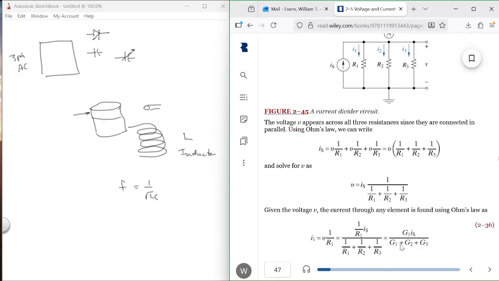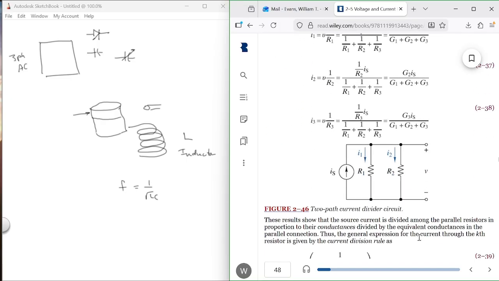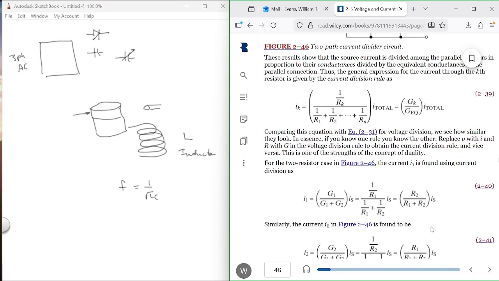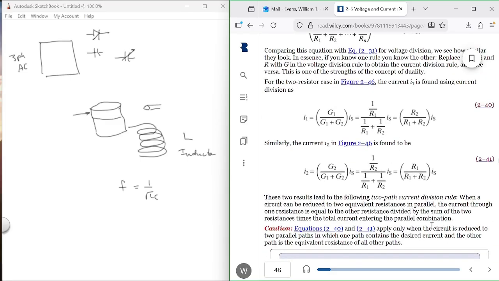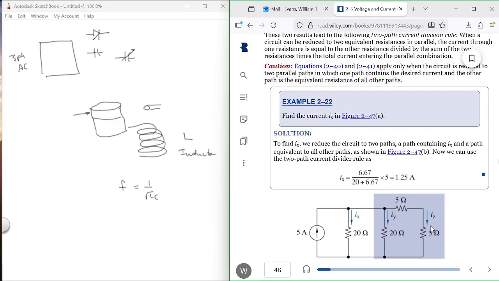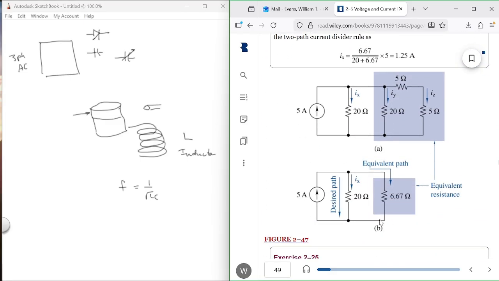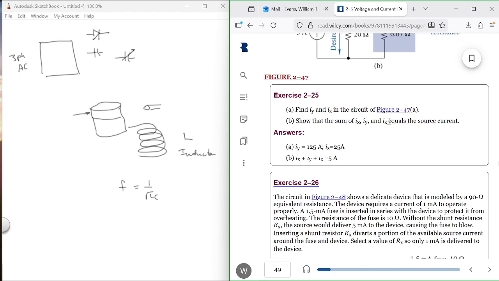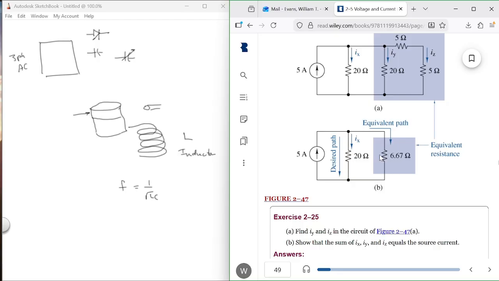Okay? Now the goal is to get it down to just 2. And if you can get it down to 2, then it's the smaller of the 2. And don't worry about that right now. We'll talk about it. Here's the equation for just 2. Okay? Current source, 2 resistors. It's the opposite over the sum times the input current.